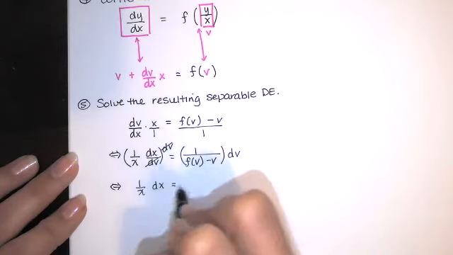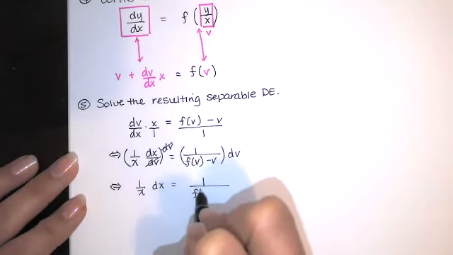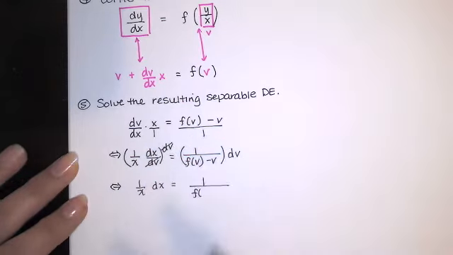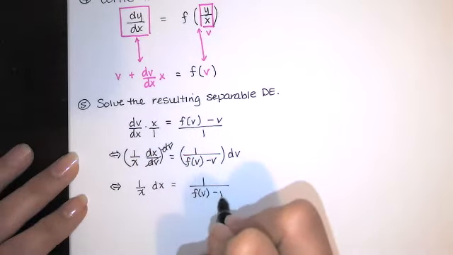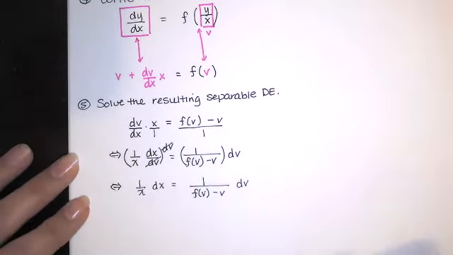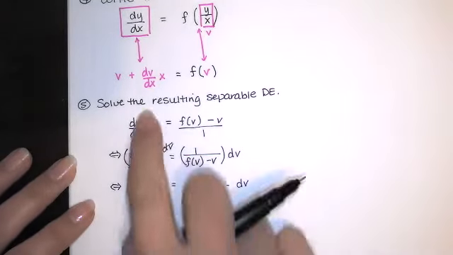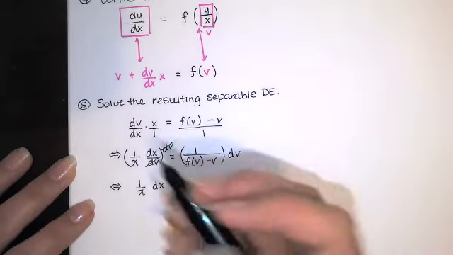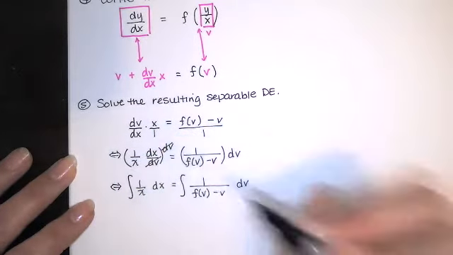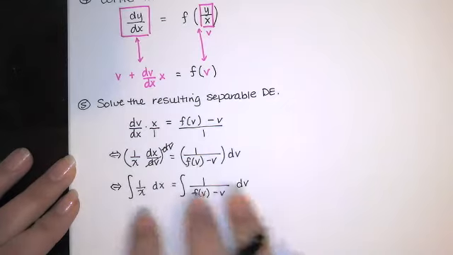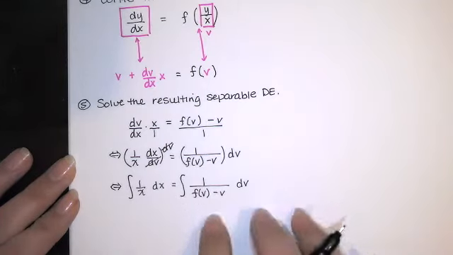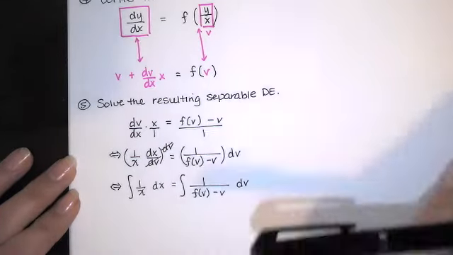So we can do that, even though technically I'm doing a little bit of hand waving there. Okay. So I've got all my x's on one side and my functions of v on the other, and then we'll anti-differentiate both sides, and then we're going to get a function of x equals some function of v.